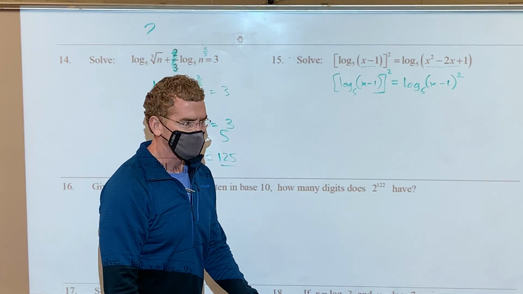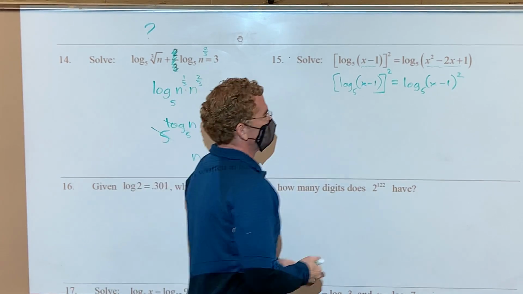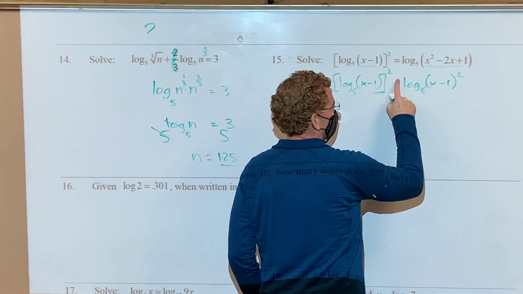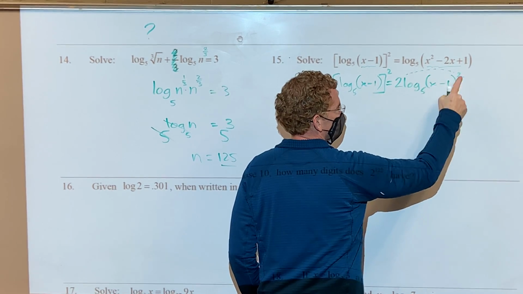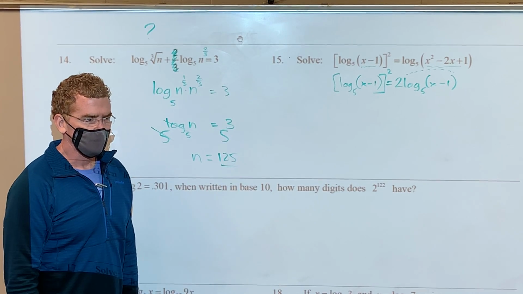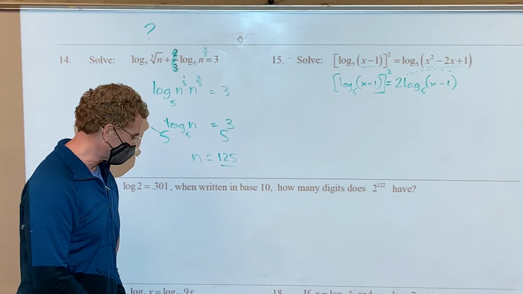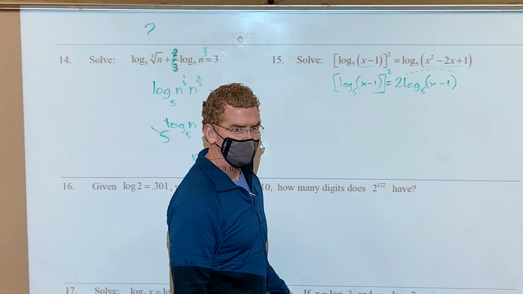Are you with me? So what do I do with this? You swing the 2 on the log on the right. So if I swing that 2 over to the front, it's no longer there. Now, is there something I could do to make this look less complicated? Like make a substitution?